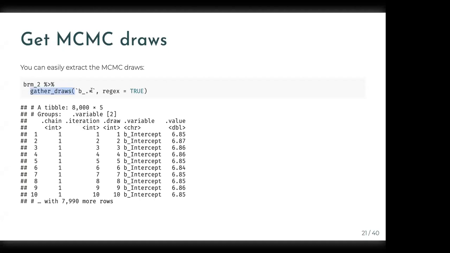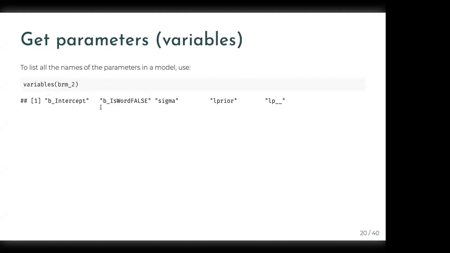This is just a short form to extract all of the variables that start with b underscore. And as you can see here, there are only two variables in the model that start with b underscore. That stands for beta coefficient, if you're familiar with that way of looking at models.